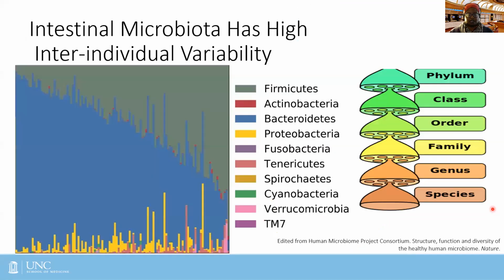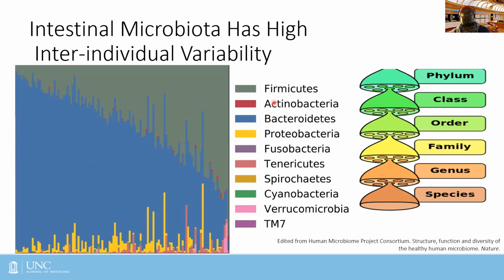So what do we know about the intestinal microbiota? Well, this is a figure on the left from the Human Microbiome Project. Each column corresponds to the composition of a stool sample, showing the relative abundance of various phyla across patients. Each column corresponds to a patient.